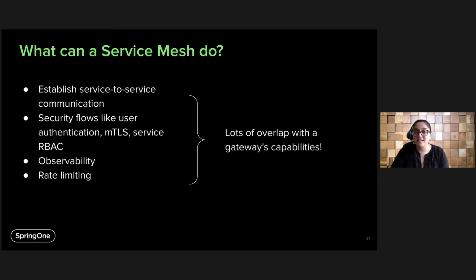So it can get quite difficult to differentiate what a service mesh can do and what a gateway can do, because as you can see, there's a lot of overlap in capabilities or topics of features between API gateways and service meshes. Hence, deciding where to put these responsibilities, whether you want to put this on a gateway or a service mesh, can be confusing.